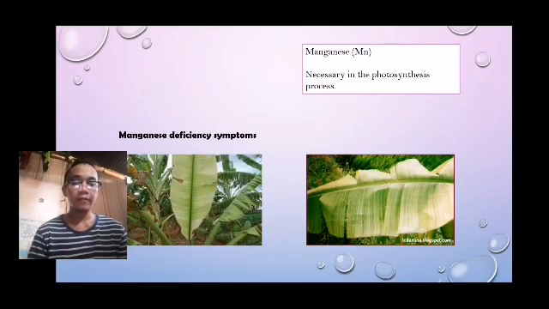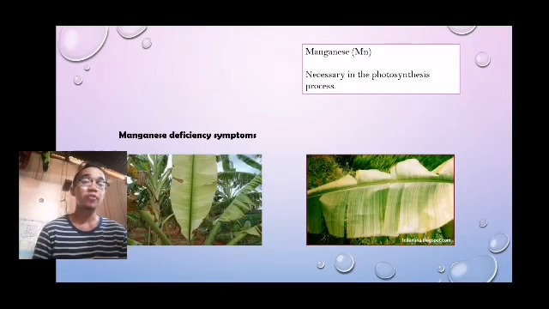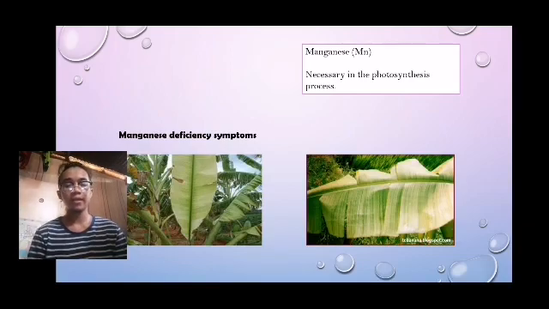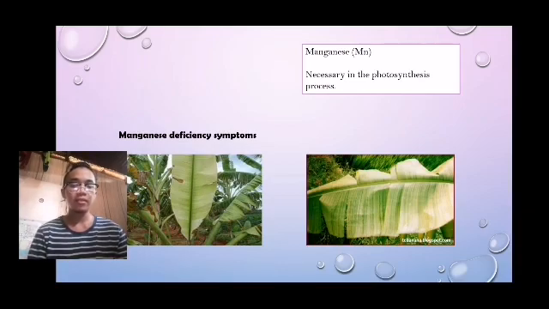It is required for photosynthetic oxygen evolution, besides involvement in the production of amino acids and proteins. The mild form of manganese deficiency is called comb tooth chlorosis, like in the first picture, and the second picture looks a bit different. And manganese toxicity is a commonly known problem in acid soil.